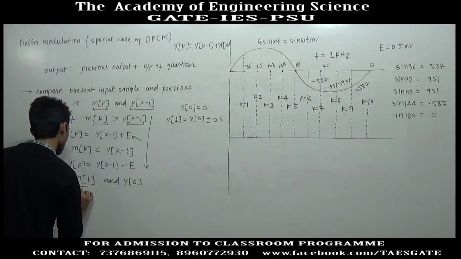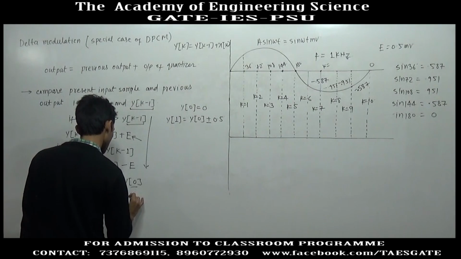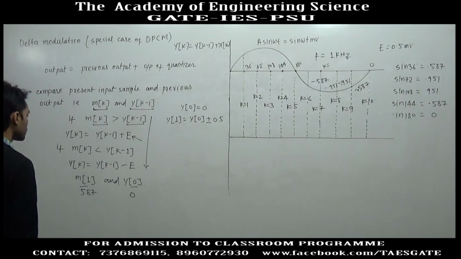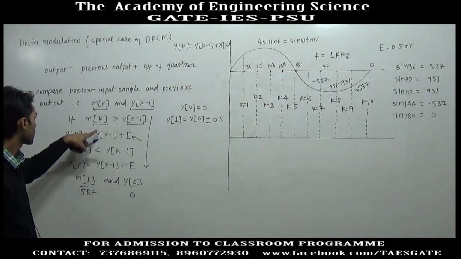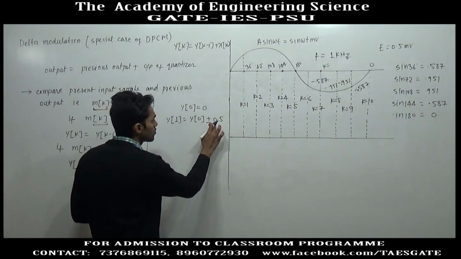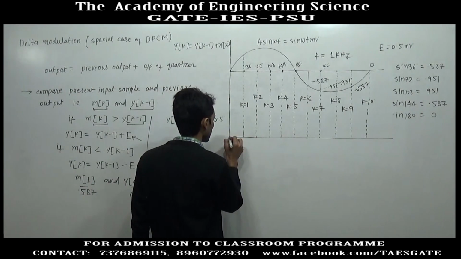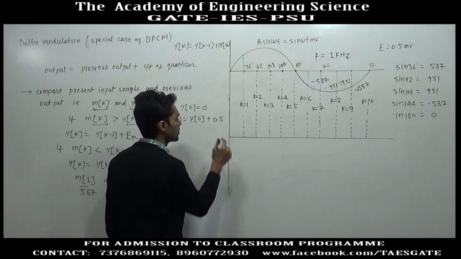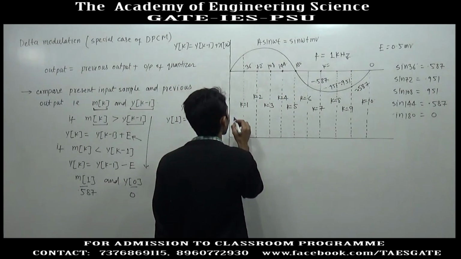For k equal to 1, m1 is 0.587 and y0 is equal to 0. So here mk is greater than yk minus 1, so 0.5 will be added to the output. So, at k equal to 1, the output will be 0 plus 0.5. So, here the output will be 0.5 millivolt.